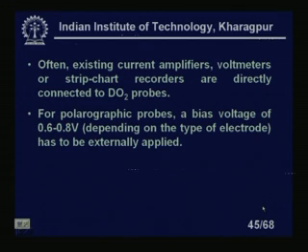Obviously, any DO2 probe must be followed by a current transmitter, because the amount of current you will get directly from the probe is not sufficient to be transmitted.